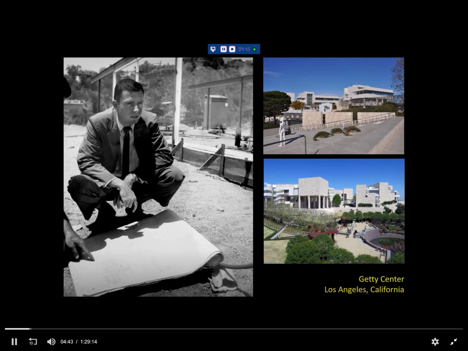And what you're looking at here in the 2 color photographs is the Getty Conservation Institute in the top one on the right, and the administration building off in the distance. And then in the bottom picture, you're looking across from the Getty Research Institute to the museum building, which comprises a number of different elements.